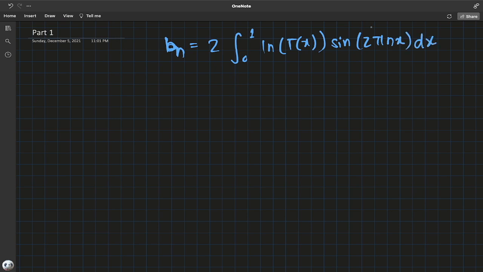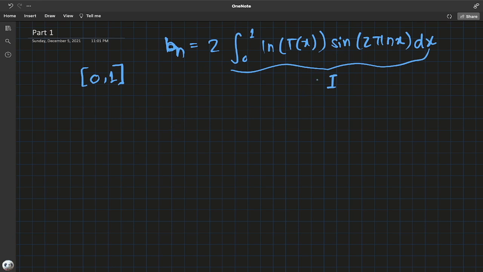This is the Fourier series on the closed interval 0 to 1, and this 2 is just a sort of normalization factor. What we really care about is the factor ahead of the 2. I'm going to call this the I integral, the main integral.